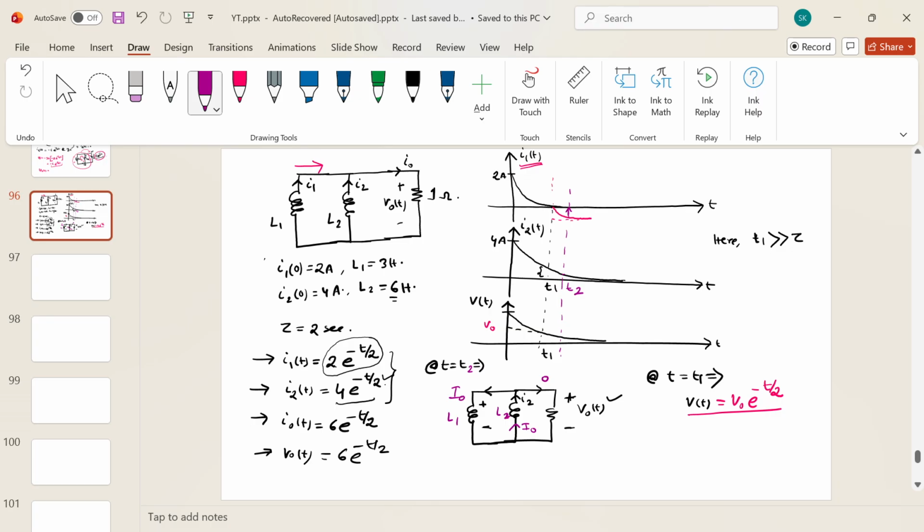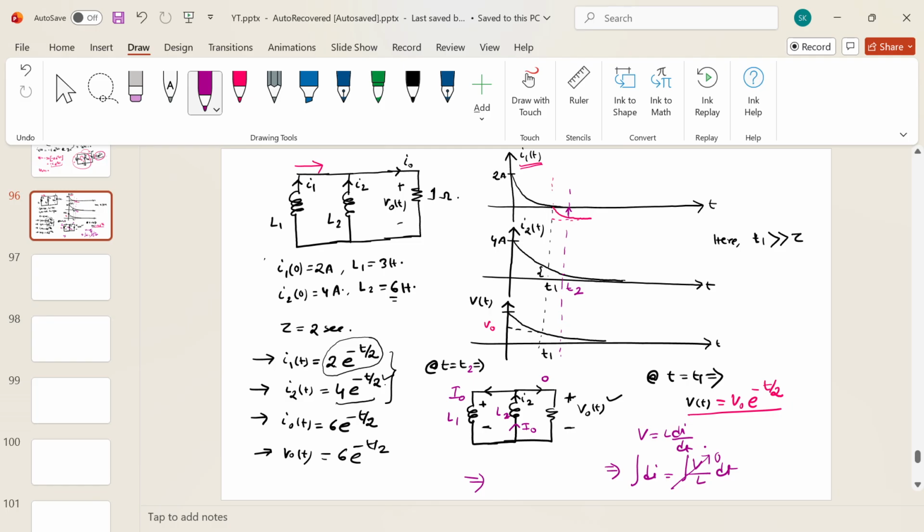Zero voltage means inductor current will remain the same. Why? Because V equals L di by dt, and integrating, di equals V by L dt. So the moment the voltage becomes zero, the inductor current will retain its value.